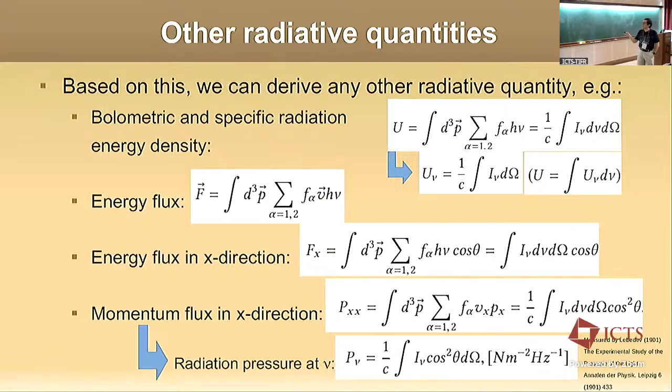Of course, you need to multiply by the energy per photon. The whole thing is the density of energy, the total energy per unit volume. And using the connection between phase space density and specific intensity, you can also write it as the specific intensity integrated over the solid angle and the frequency, with a 1/c again to make the units correct.